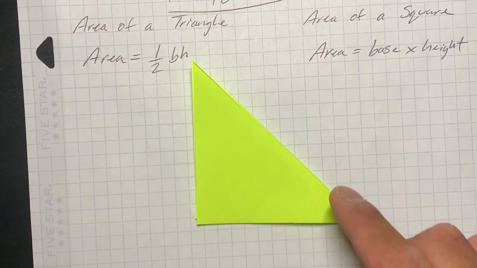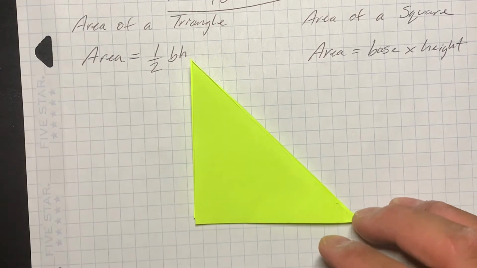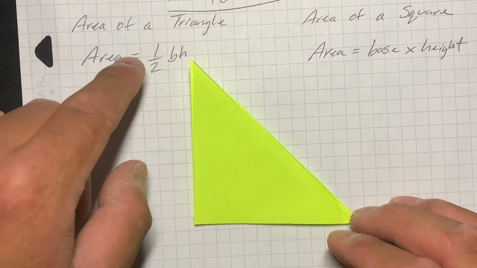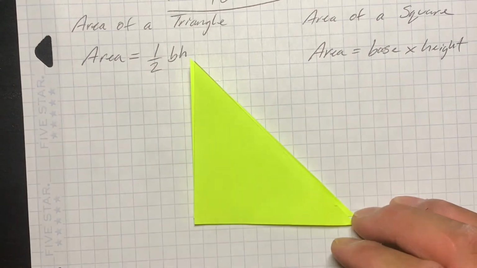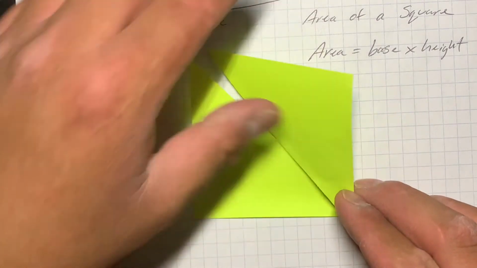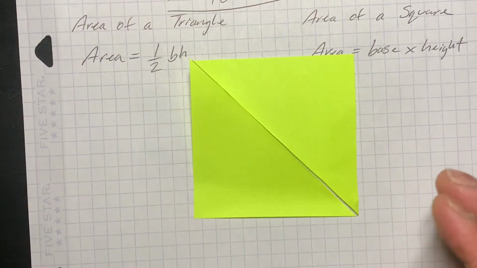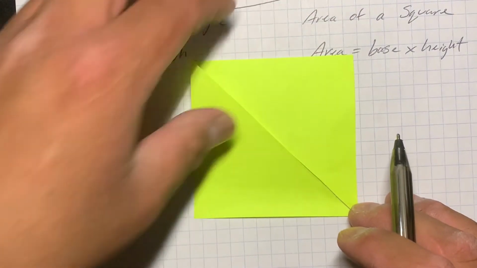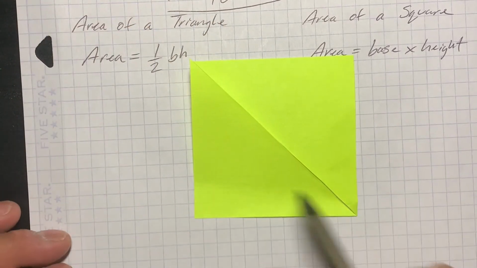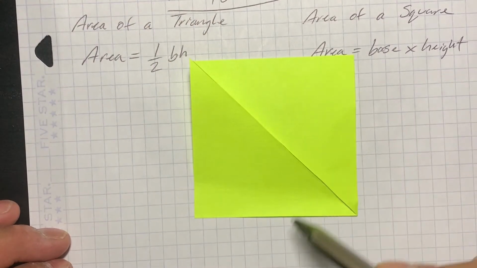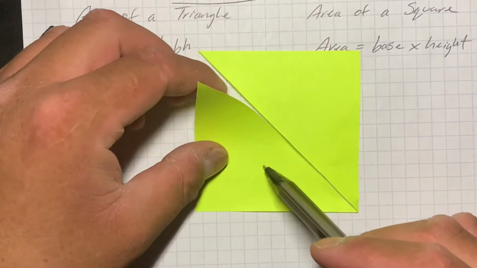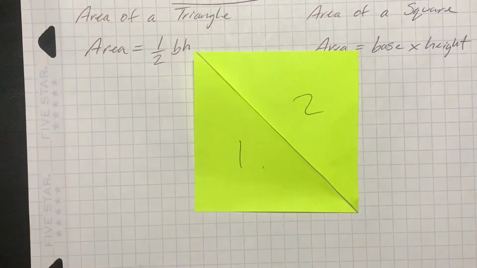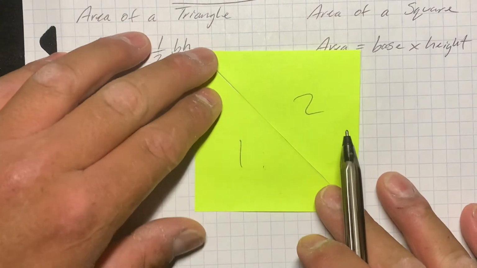Okay, so again, that's the reason why the area formula of a triangle is half of the base times height of a square. So half of a square is a triangle. Okay, so I wanted to revisit that. So again, base times height divided by 2, because there's 2 parts. All right, there you go.